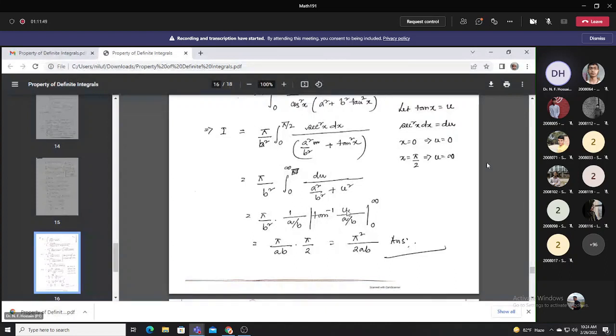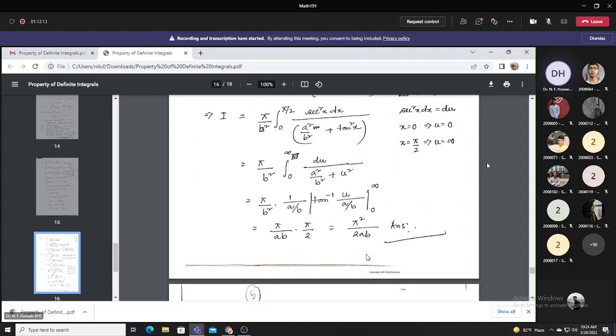And when you put u equal to 0, the whole thing becomes 0, and tan inverse 0 is 0. So ultimately it will be pi square. Yes, there will be 2 pi square divided by... why is this 2 coming? Okay, I'm sorry, tan inverse infinity is pi by 2. So there will be a 2ab in the lower side, pi square divided by 2ab.